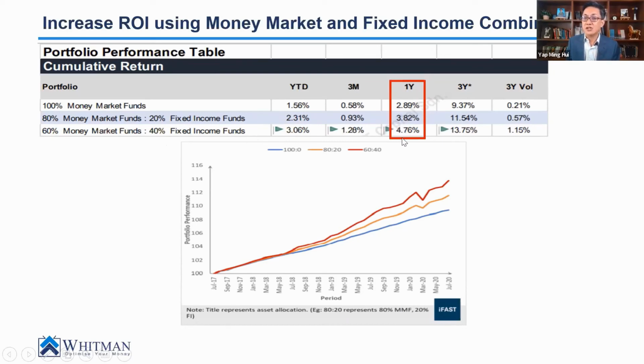Then your return also increases by another 1%. So depending on your own cash flow and your risk appetite, you can definitely find a way to increase your return by looking into low risk investment vehicles like money market fund and bond fund.